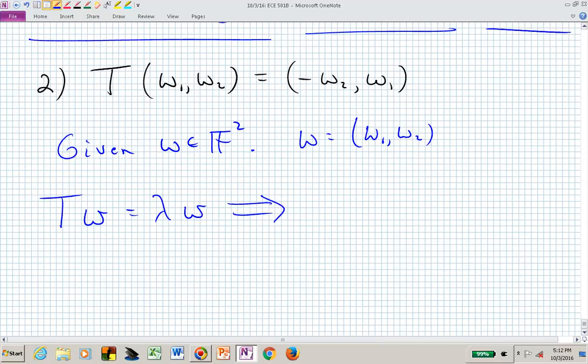TW is actually going to be minus W2, W1. That's what TW is if W is W1, W2. And we said that needs to equal, using this eigenvalue-eigenvector equation, lambda times the original W, which is W1, W2.